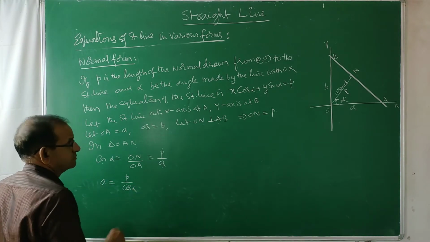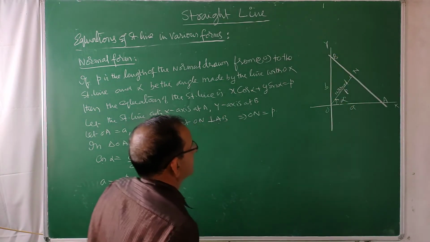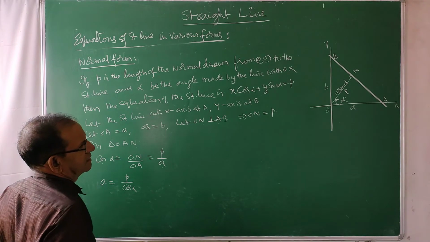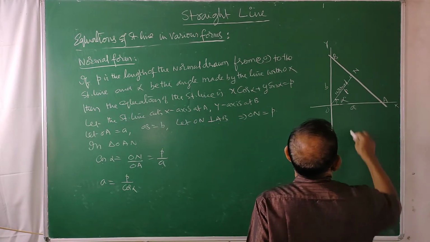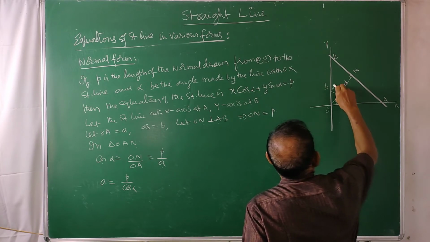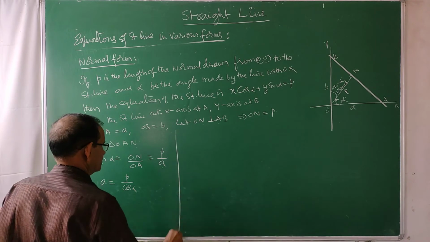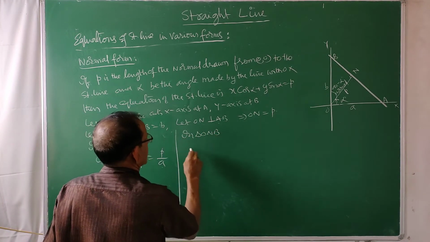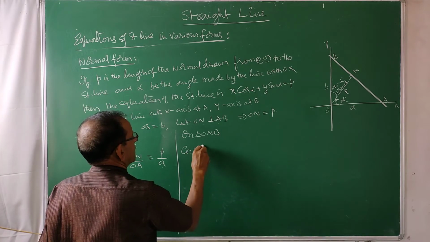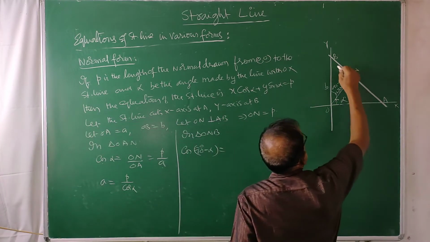Similarly, consider the upper triangle ONB. This angle is 90 minus alpha in triangle ONB. Cos 90 minus alpha is equal to again adjacent by hypotenuse, ON by OB.